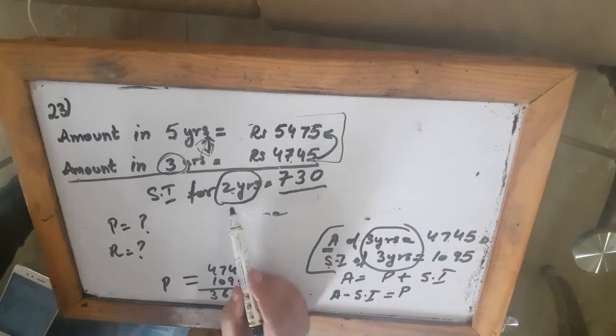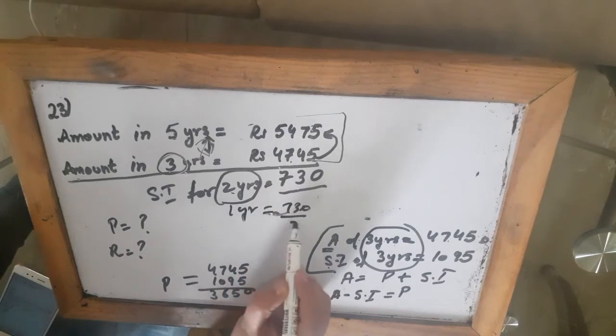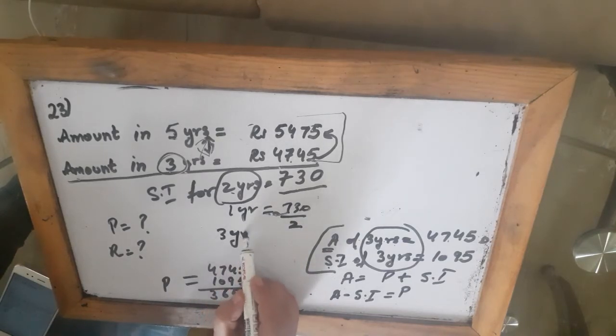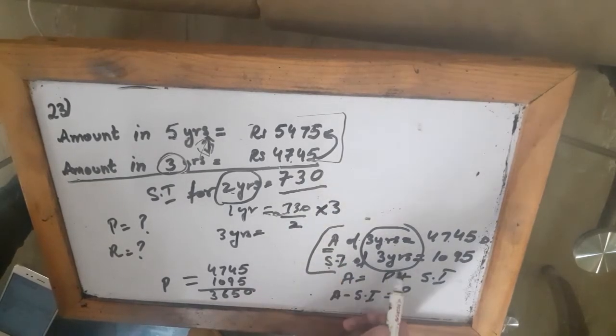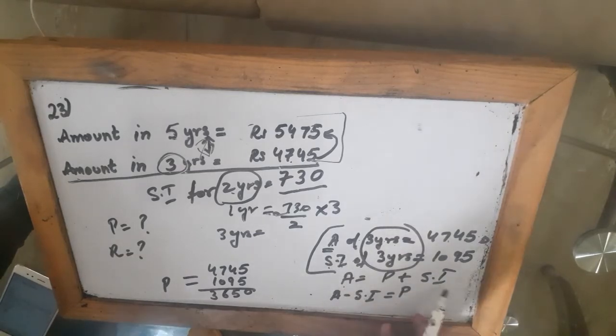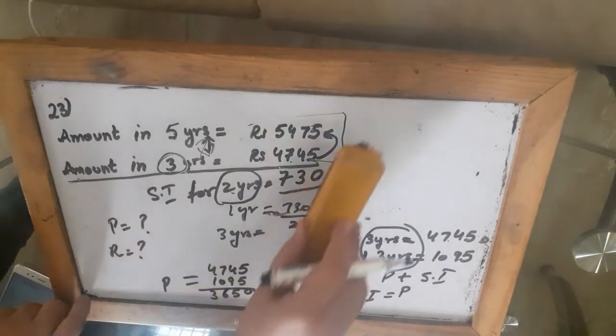So I will first make it for 1 year, 365, and to make it for 3 years you multiply with 3 and you get the simple interest for 3 years. Now I have the amount and the simple interest, and I can find the principal using the formula amount is equal to principal plus simple interest.